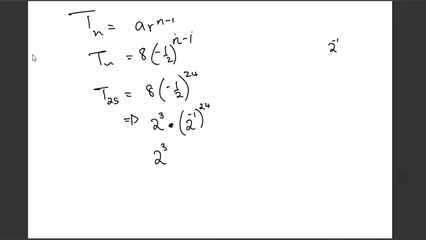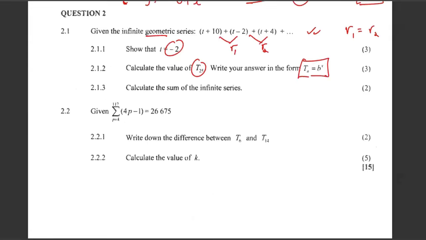So 2 cubed multiplied by 2 to the negative 24. When you're multiplying numbers with the same bases, you must add up the exponents. So T25 should be 2 to the exponent of negative 21. All right, so that is how I would have approached that question for the 3 marks.